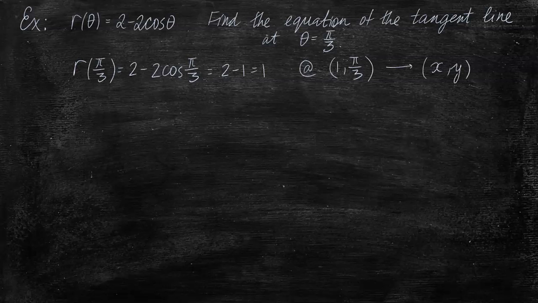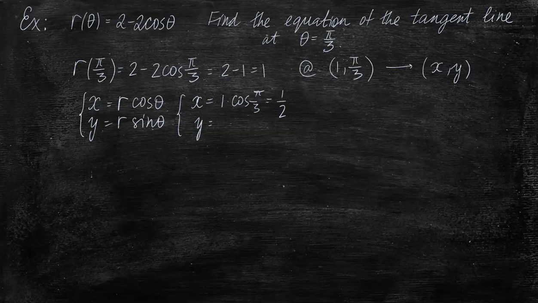So we're going to be using the conversion formula. x is equal to r times cosine theta, and y is equal to r times sine theta. x is therefore 1 times cosine pi over 3, which is 1/2, and y is equal to 1 times sine of pi over 3, which is √3 over 2. So the point at which we're looking for the tangent line in xy coordinates can be expressed like this.